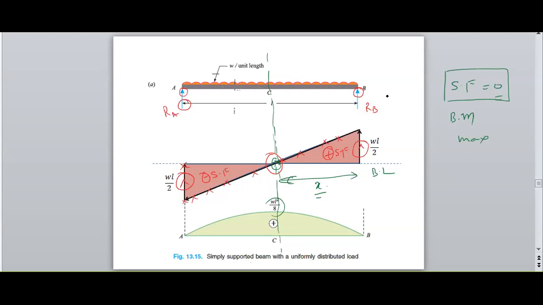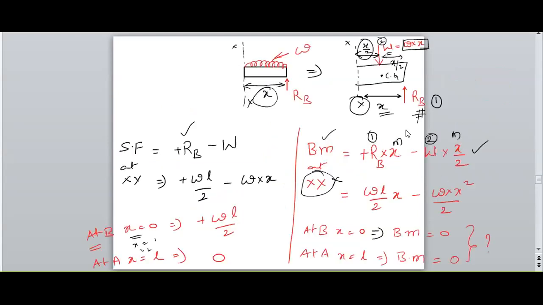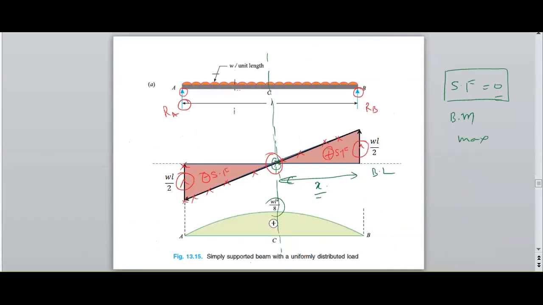I need to substitute in the shear force equation, shear force equal to 0, and find out the x value.